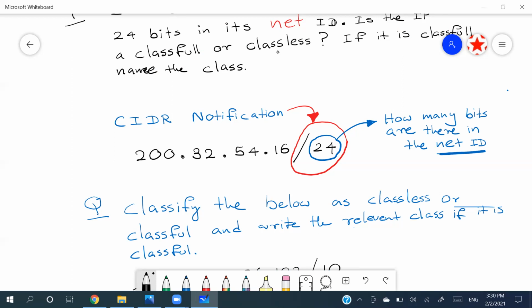So if you are given this particular IP address, then we check what is the value of the first octet. So it is 200. So it is possible to be a class C, and we check how many net ID bits are there in the IP address. So it says 24. So we can determine, okay, it's a classful address which belongs to the class C.